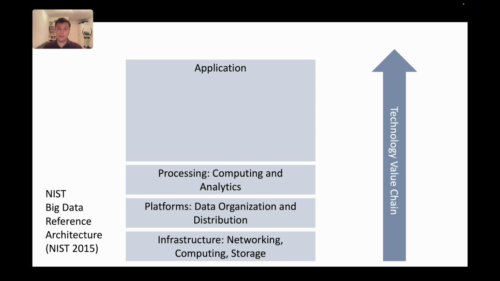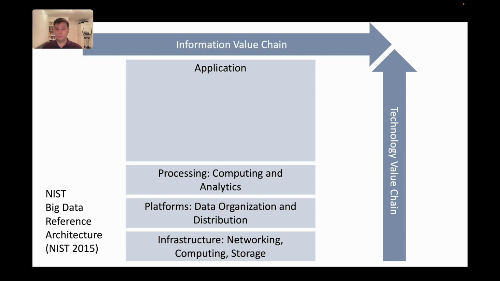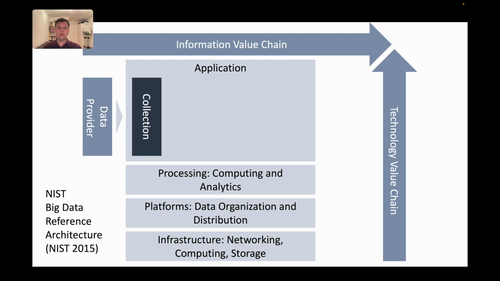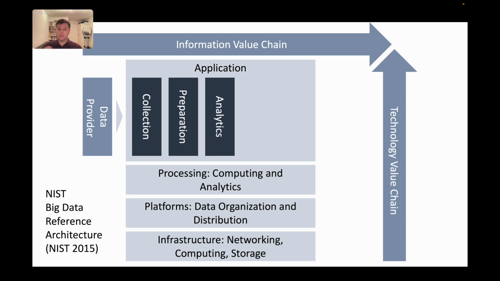The second dimension of value creation with data is the information value chain. In the information value chain, the application takes data from a data provider, collects the data, and prepares it for analytics. Then analytics is done on the data.